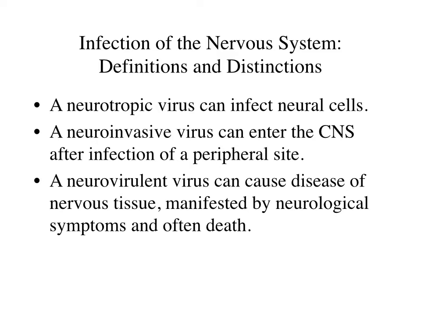Now, mumps has a high neuroinvasiveness but a low neurovirulence. Most infections lead to invasion of the central nervous system, but the neurological disease is mild. I can speak from personal experience here. As a kid, I earned my immunity to all the childhood diseases the hard way by getting them and developing immunological memory. So I had the mumps. I had both types of measles, I had chicken pox and mumps.